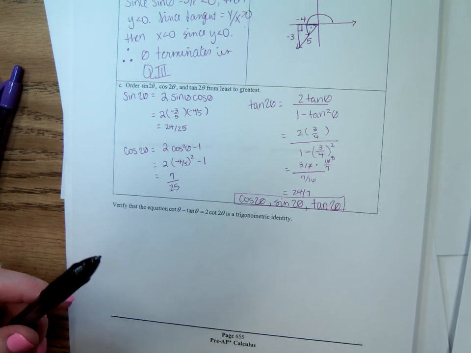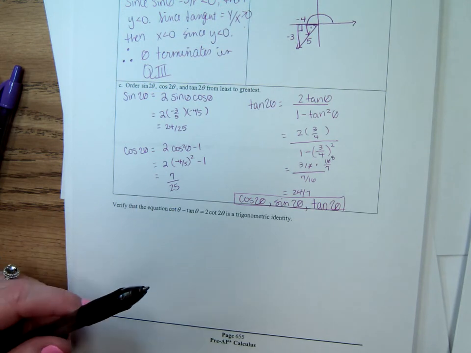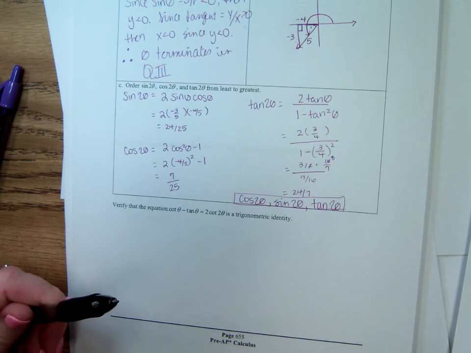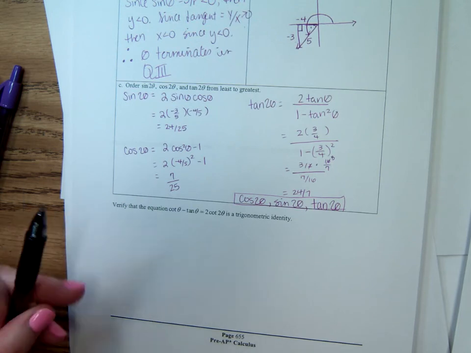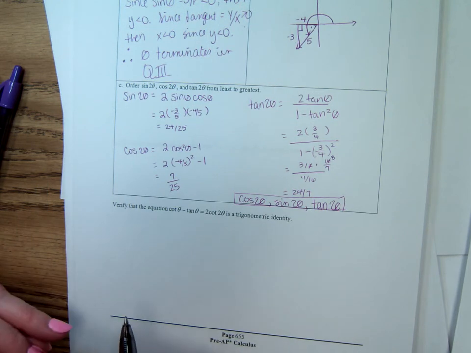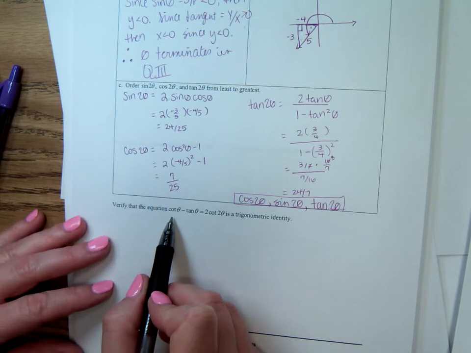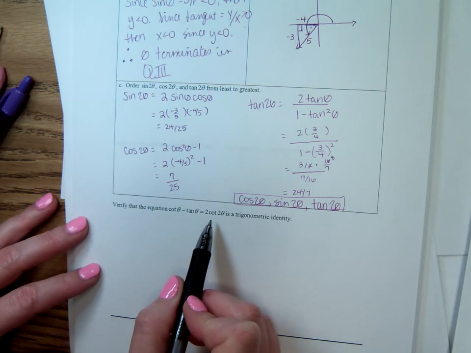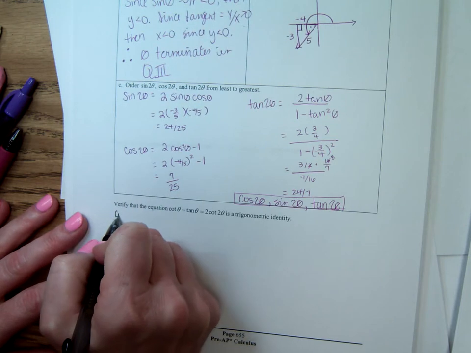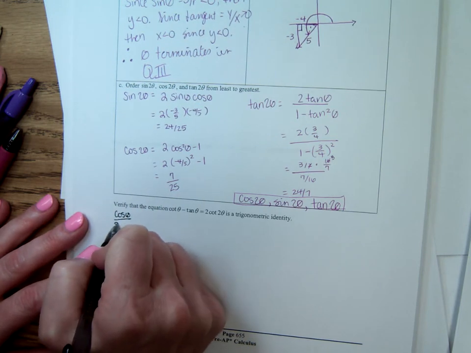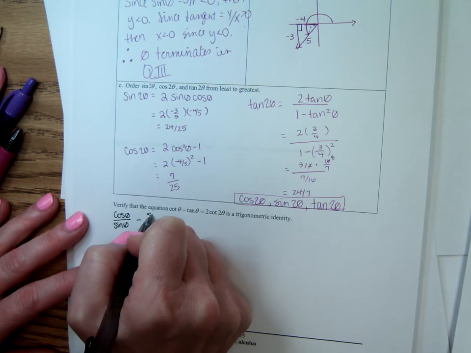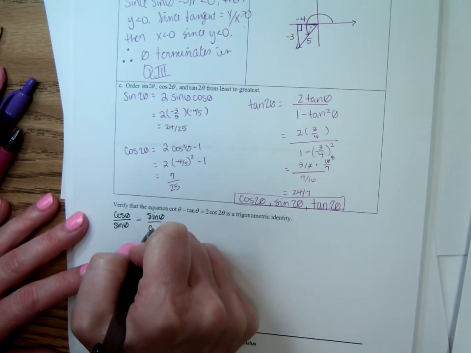Verify that the equation cotangent theta minus tangent theta equals 2 cotangent 2 theta is a trig identity. Alright. Well, let's see. Let's start over here because it's got subtraction and that's just one term. What's cotangent? Cosine over sine. And then that's going to be sine over cosine.